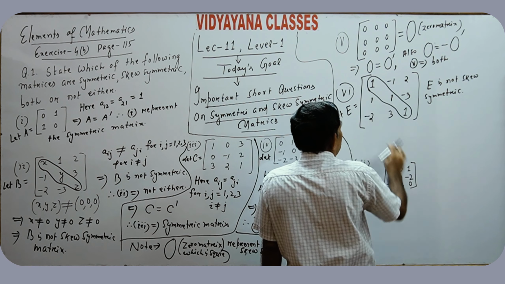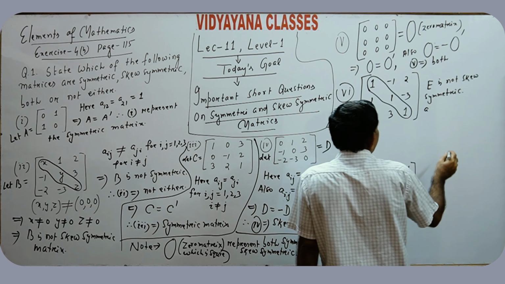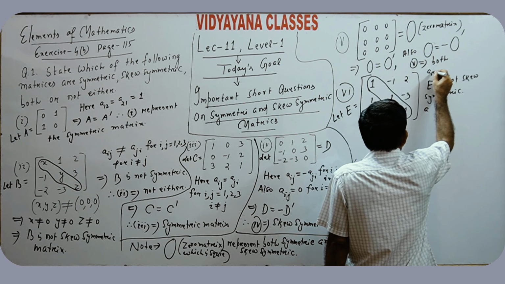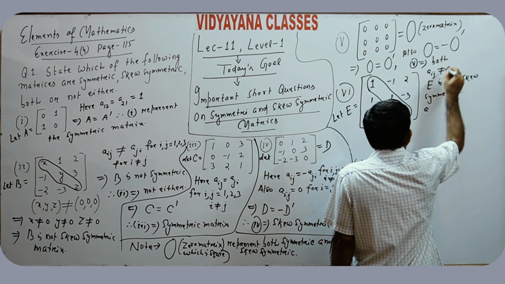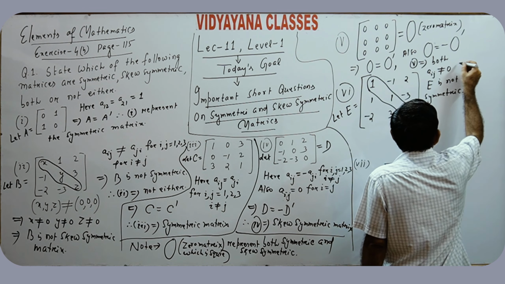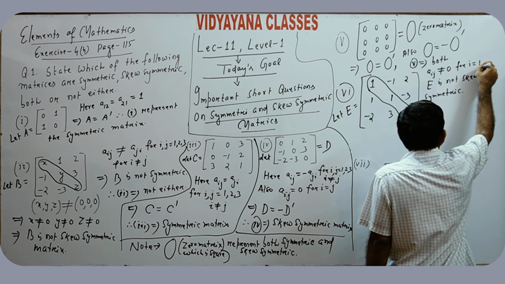Aij is not equal to 0 for i is equal to j.